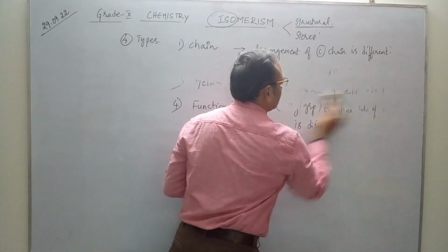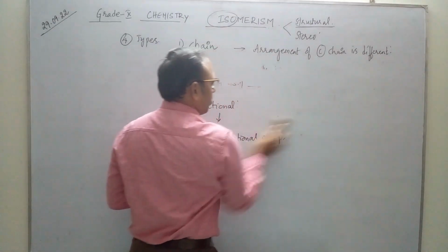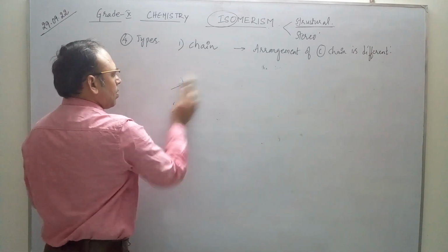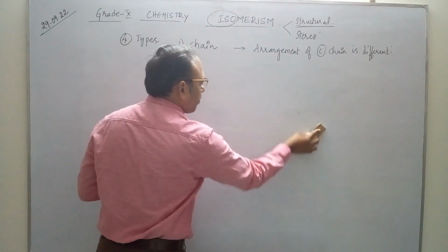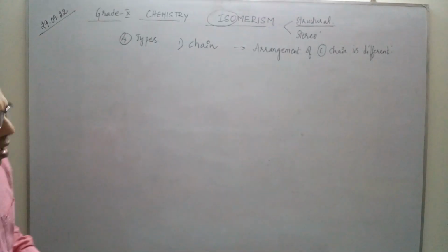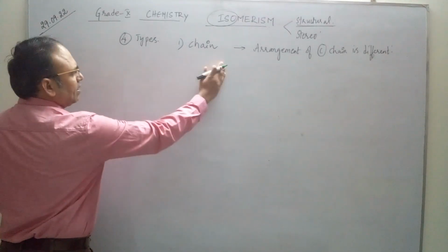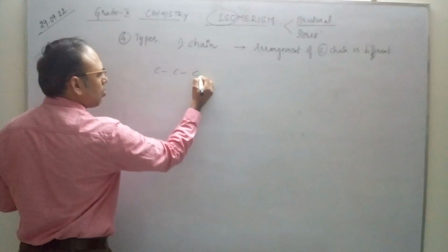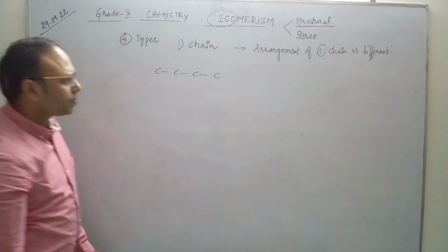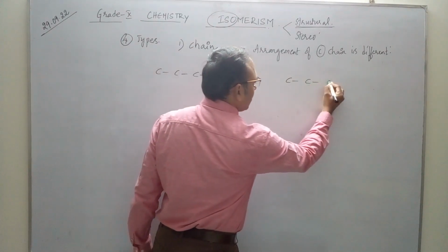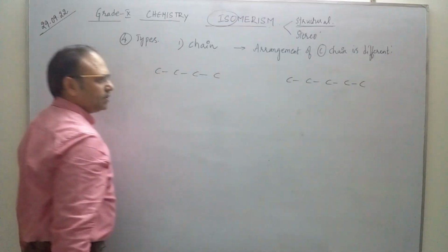First one, chain isomerism. The arrangement of carbon chain is different here. So let us take a 4 carbon chain. One more example, let us take a 5 carbon chain.